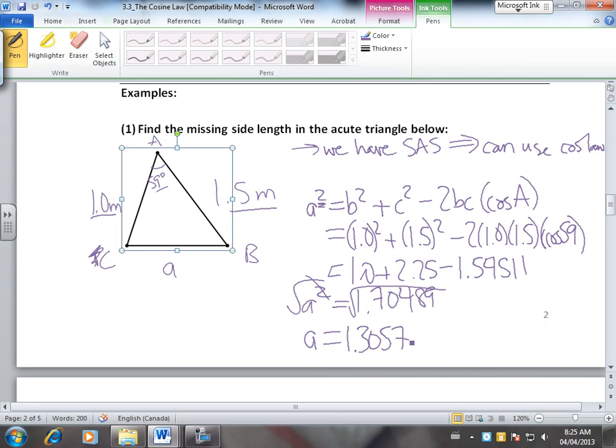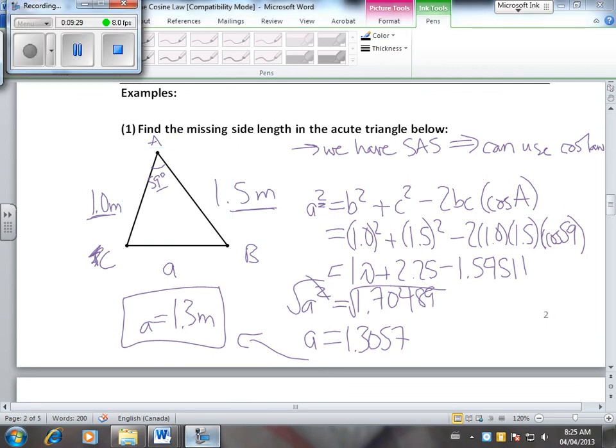If I look at my other two scenarios, I have one decimal on each of them, 1.0 and 1.5, so let's make this also one decimal: a will equal 1.3 meters. So that is how you implement cosine law. It's just a matter of identifying which side you need and which version of the law to use.